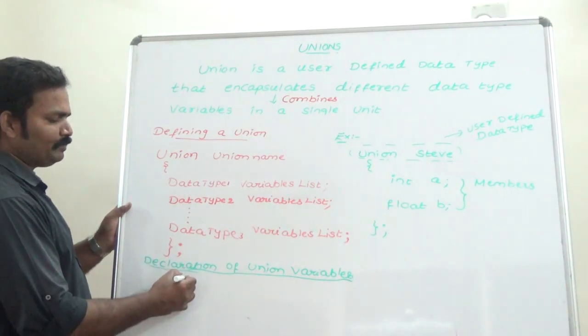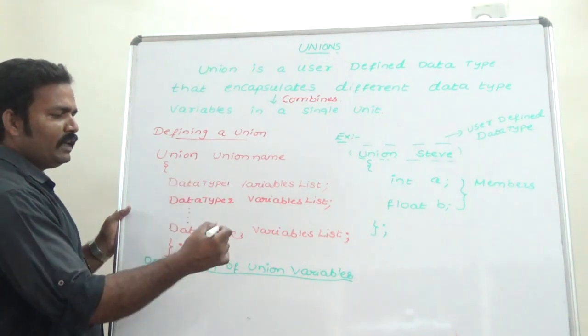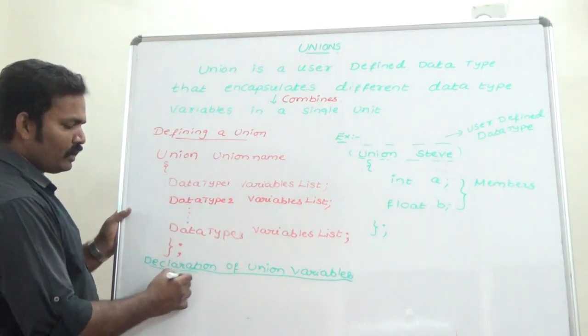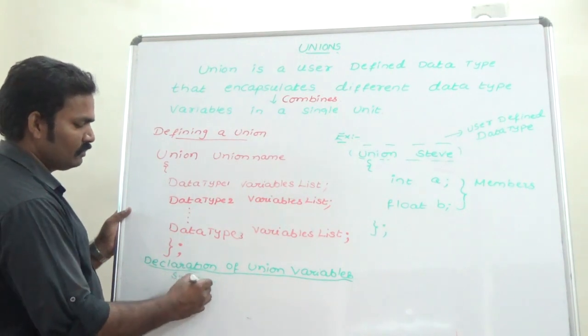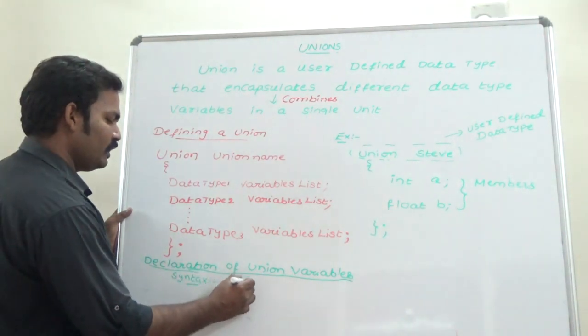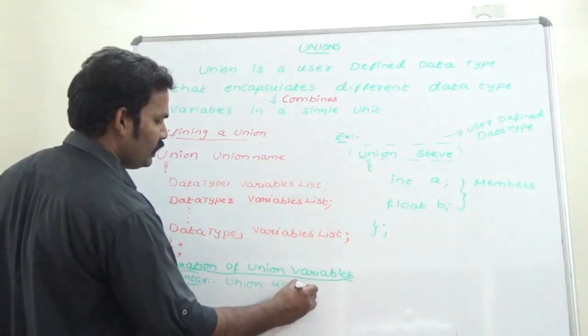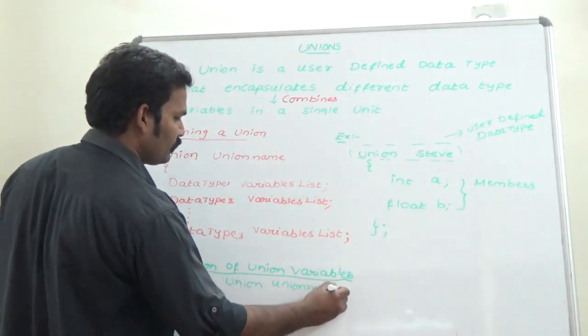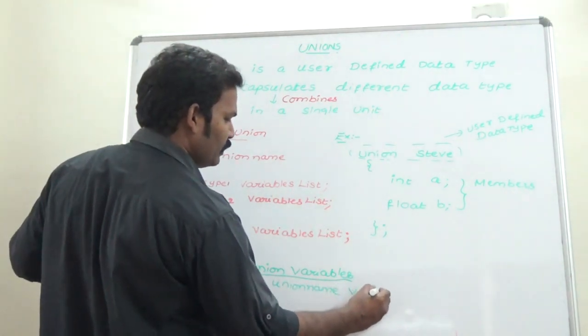So to declare a variable as union type, we should follow this syntax: union space union name space variable name.